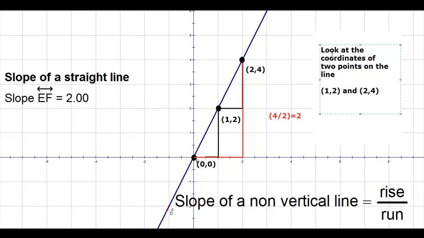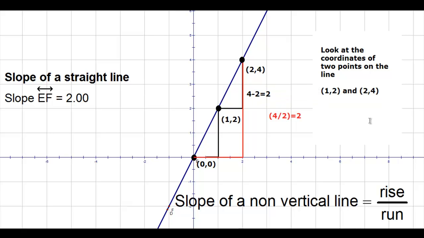Now you can see from this triangle here that from 1 to 2 the run is 1 unit to the right, and then here we are rising from 2 to 4. So the rise is what? If we do it arithmetically rather than visually, that is 4 minus 2, that is 2.